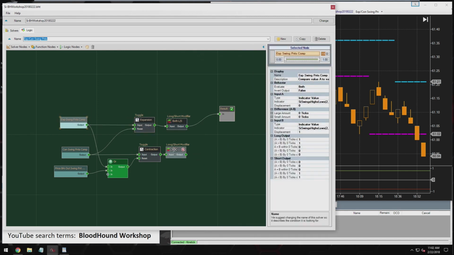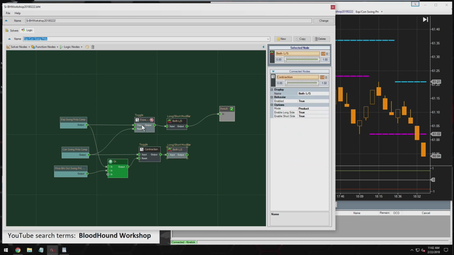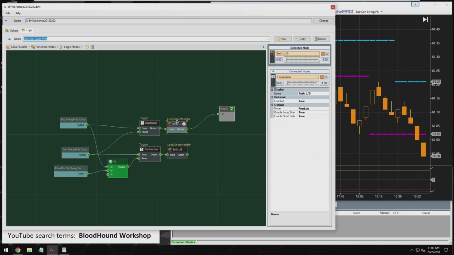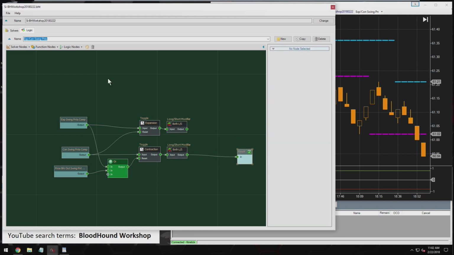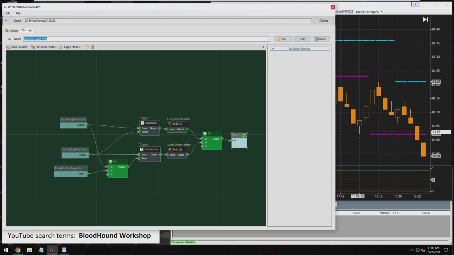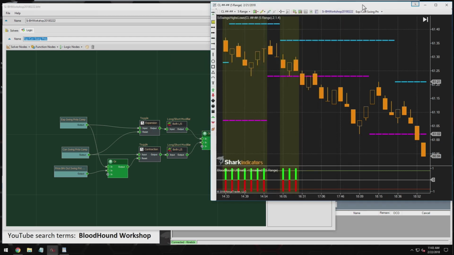Is there a way that we can look at the expansion and contraction at the same time? Yes, there is, and this is kind of subjective as to how you like to do this. But if we connect both of these into an OR node, let's take a look.